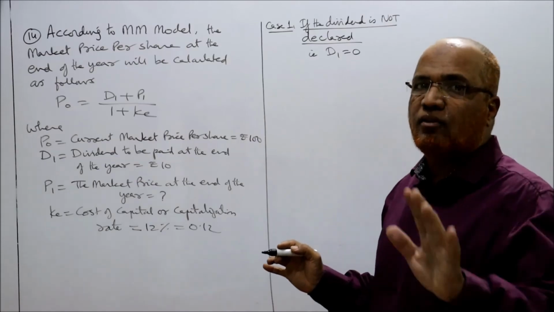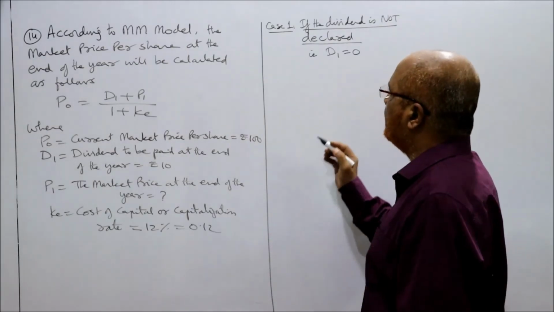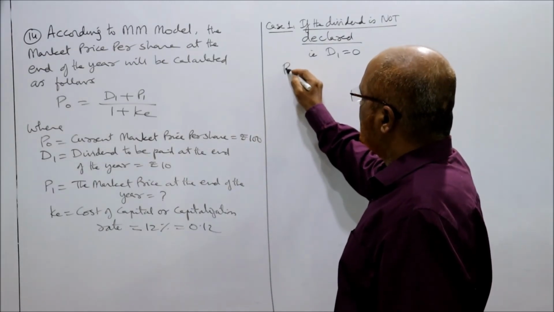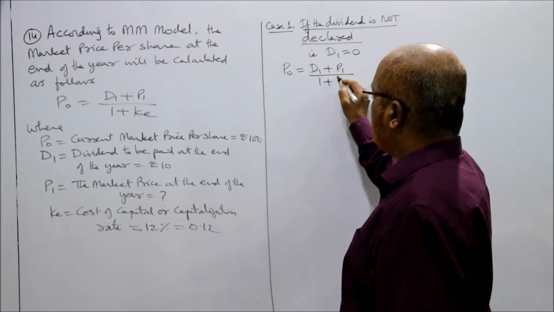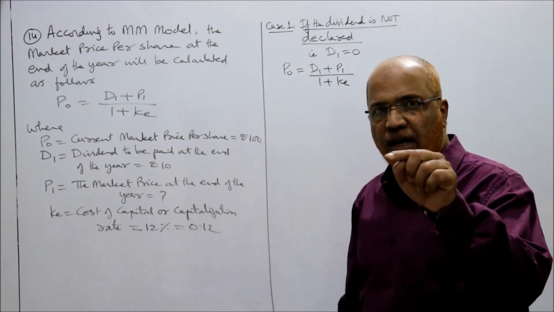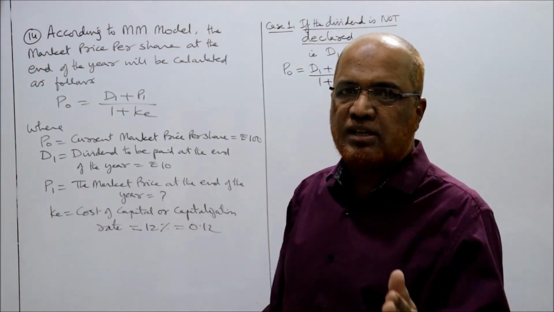If dividend is not declared, what is the value of the share at the end of the year? So we can substitute the values. P0 is equal to D1 plus P1 divided by 1 plus K. P0 stands for current market price.